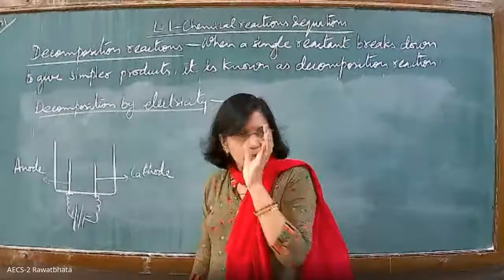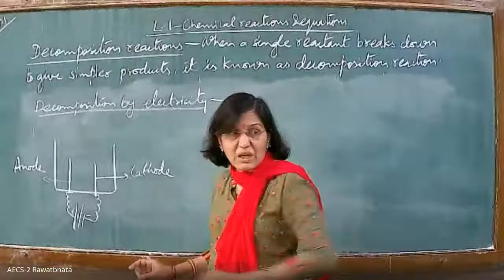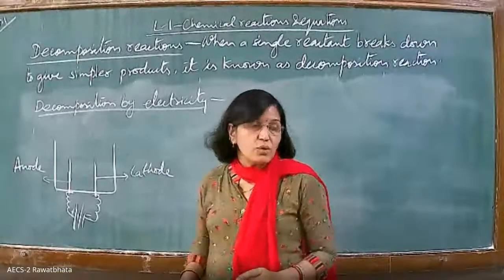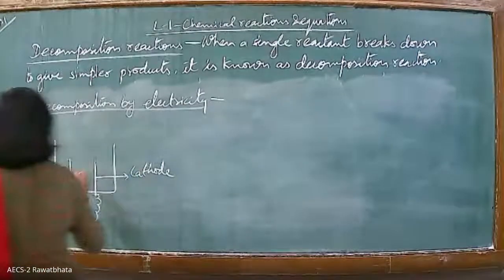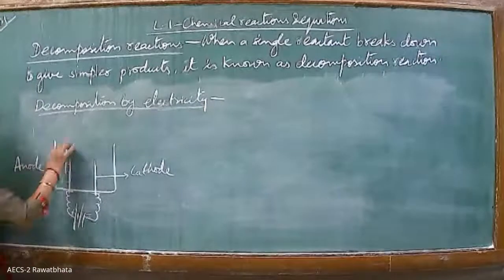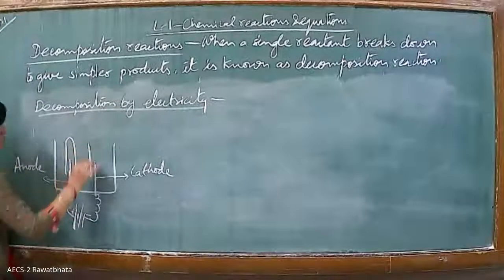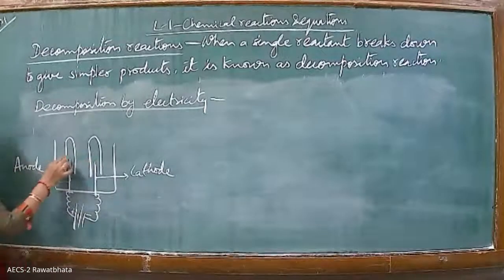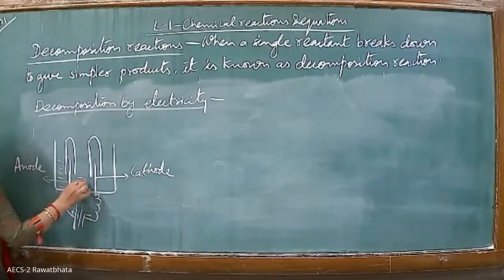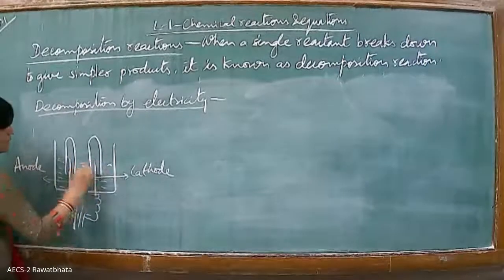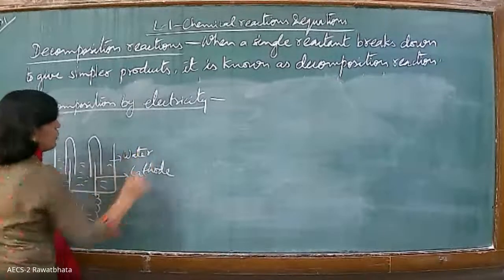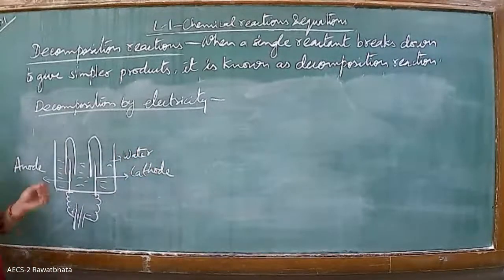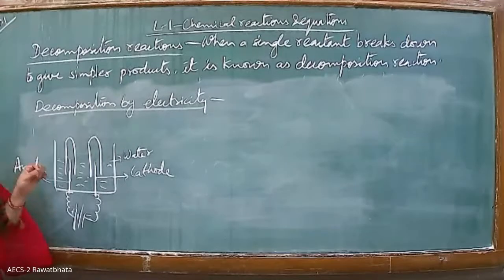After some time, once these connections are complete and the setup is ready, you will see that bubbles have started emerging at the anode as well as at the cathode. So this is how you are supposed to fix it up. Here, all over, we have nothing but water, and to make it more conducting, we can add a few drops of dilute acid.